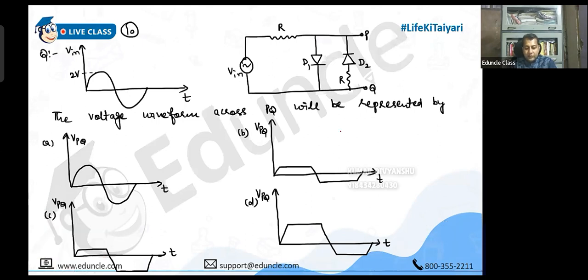This is the question, and this one is from IIT JAM 2017. Again, clipping. And these are silicon diodes. One more special thing: these are made up of silicon.